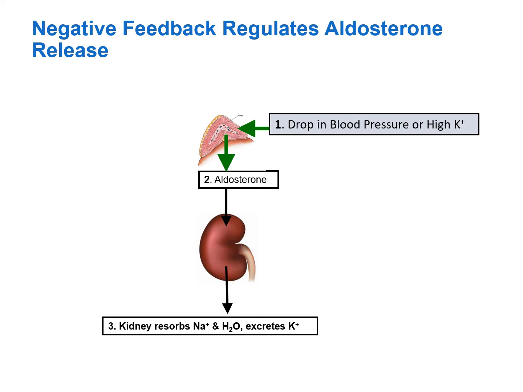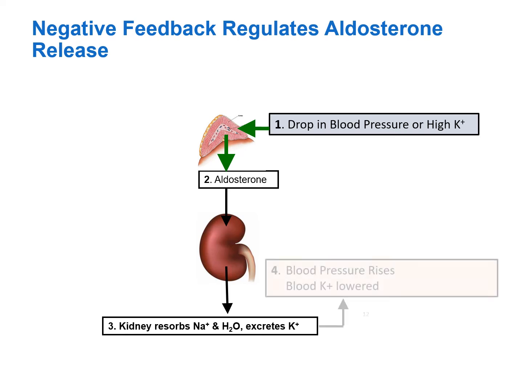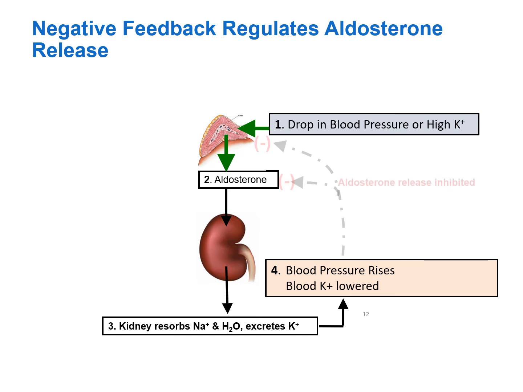As water is reabsorbed and as potassium is excreted, blood potassium is going to be lowered and blood pressure will rise. Both of those changes will inhibit further release of aldosterone by the adrenal cortex, and it'll also inhibit further release of adrenocorticotropic hormone, which is another stimulus for the release of aldosterone by the adrenal cortex. So again, classic negative feedback.